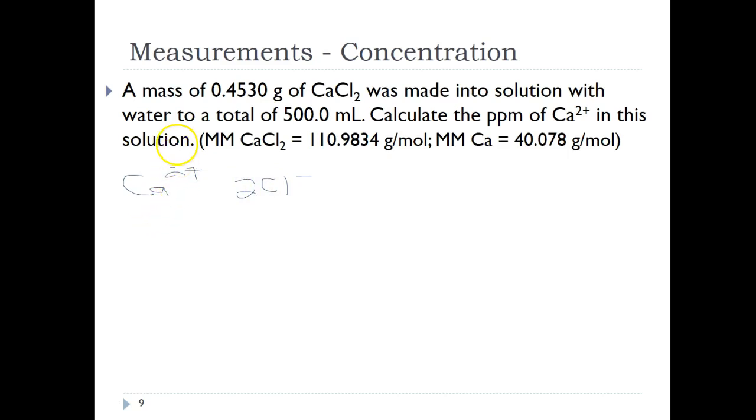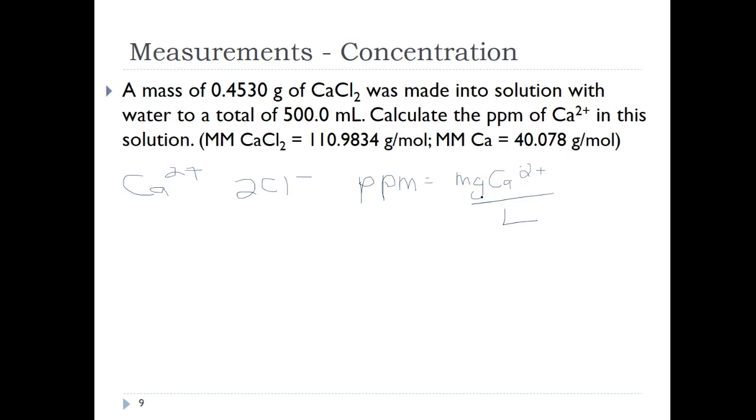So since this is using water, we can get parts per million by getting the milligrams of calcium on top and the liters of the solution on the bottom. And we do not multiply that by a million or a billion.